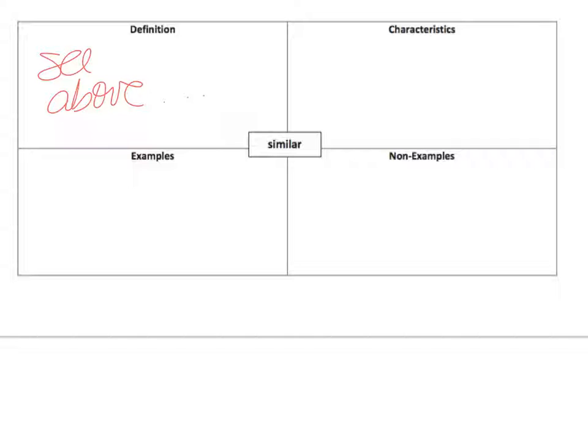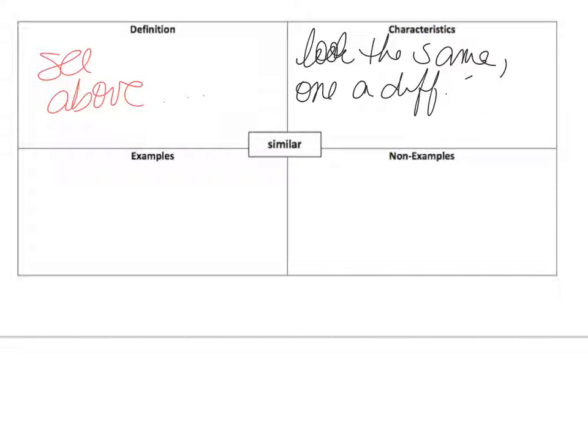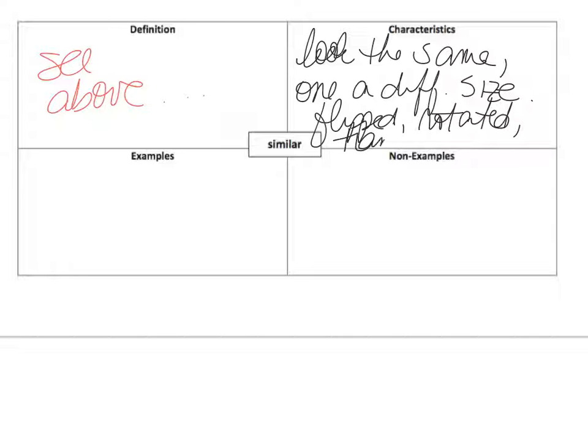And characteristics. We can say that similar figures should look the same, but one could be a different size. It could be flipped. It could be rotated. It could be translated relative to the other one.